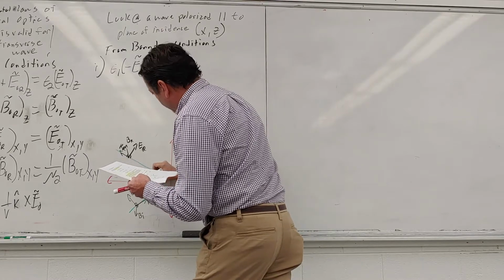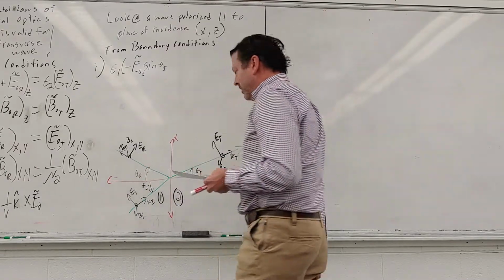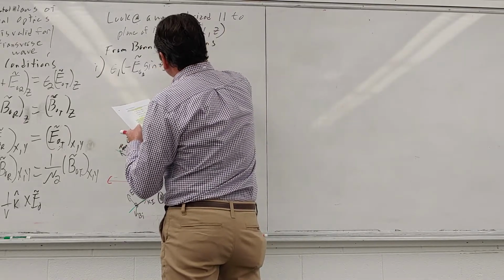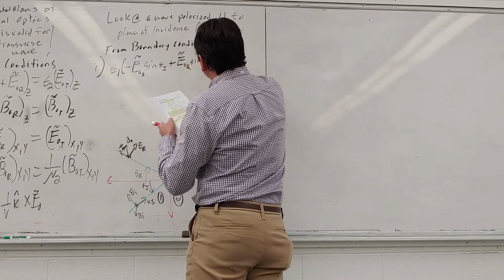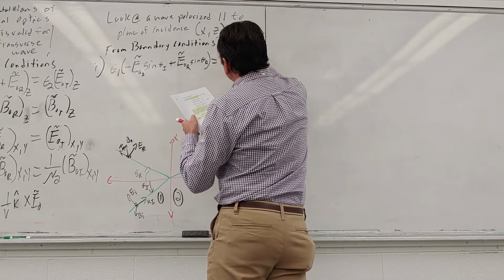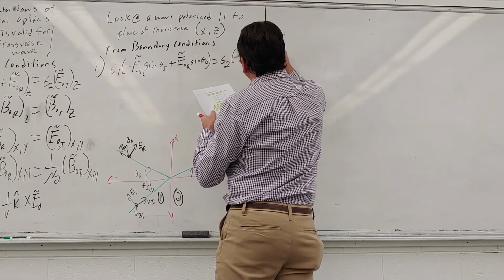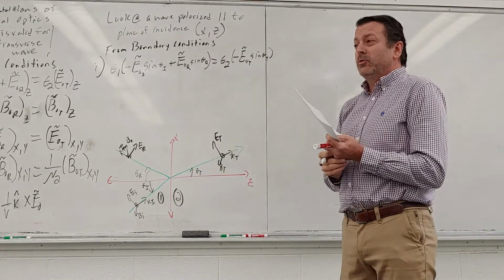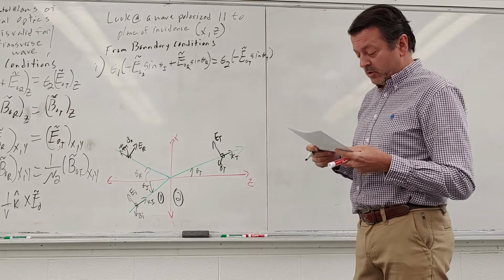Theta incident here, theta reflected there, theta transmitted there. Plus, for the reflected wave, sine of that reflected, the angle of incidence, equals epsilon 2 E naught transmitted sine theta. And basically all we're doing is just applying boundary conditions to our situation. We know this must be valid, and we put in our waves and see what we get. That's what we're going to do.